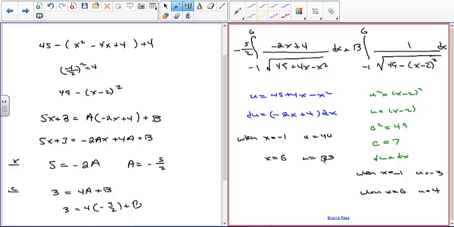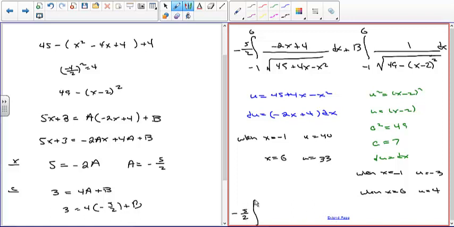I'm doing that in my head. 45 minus 4 minus 1. Yep, okay, that's right. 45 plus 24 is 69. Wait a second, that might be wrong. The second one's wrong, right? So if I plug in 6, I'll have 45 plus 24, which is 69. 69 minus 36. No, it is right. It is 33.